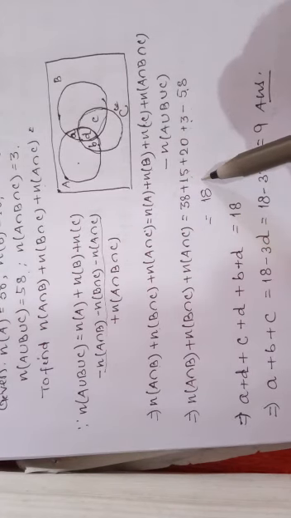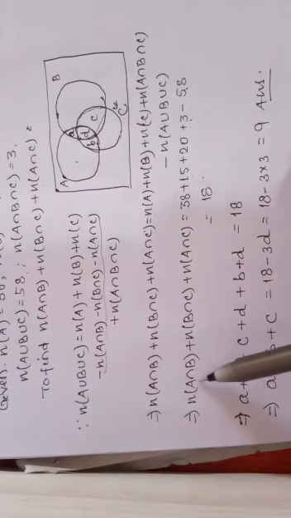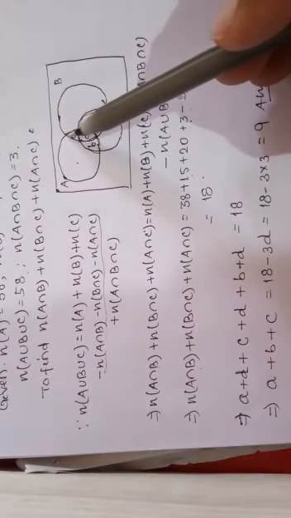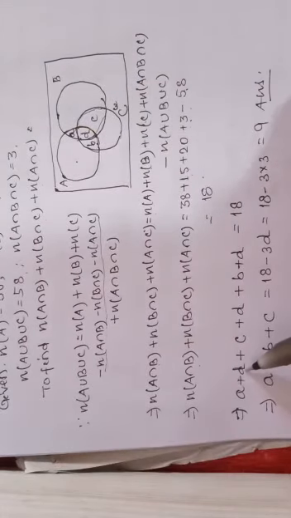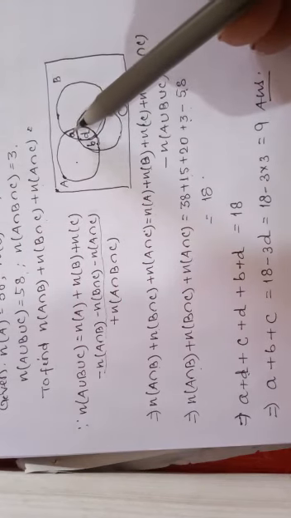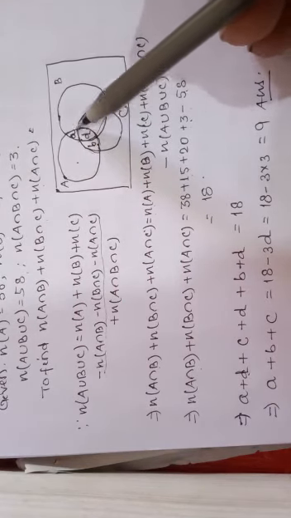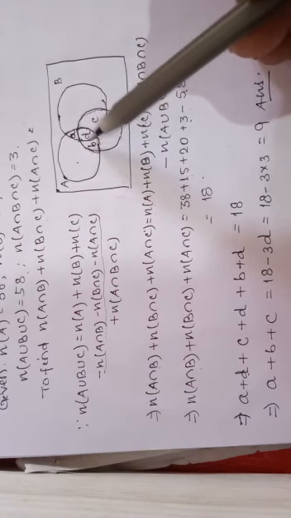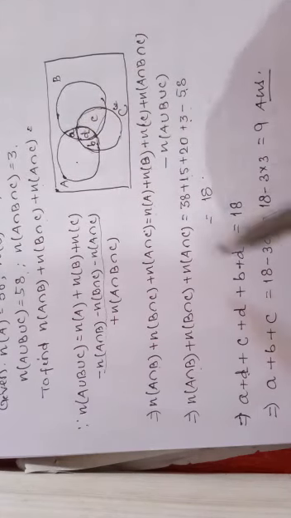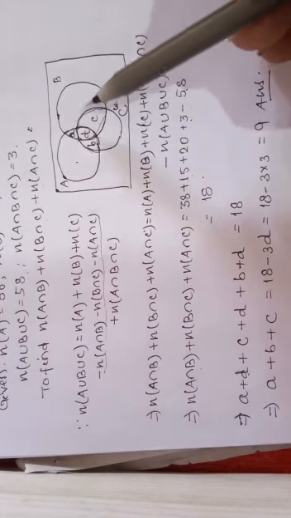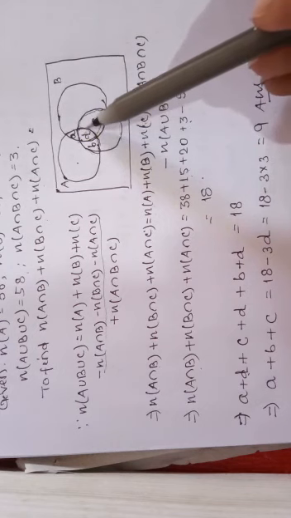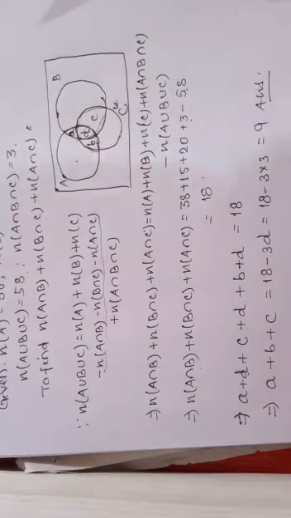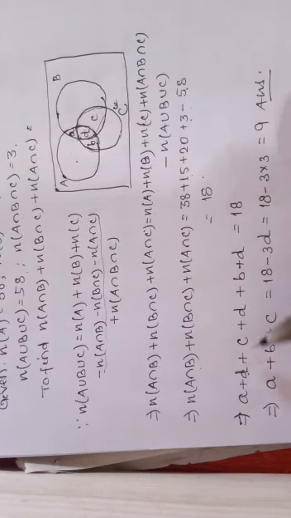Now compare this one with the figure. N of A intersection B contains A and D, so it should be the sum of A and D. Similarly, B intersection C is the sum of B and D. And A intersection C contains D and C. So A plus D, C plus D, B plus D. D is the common portion of A, B and C, and it is 3.